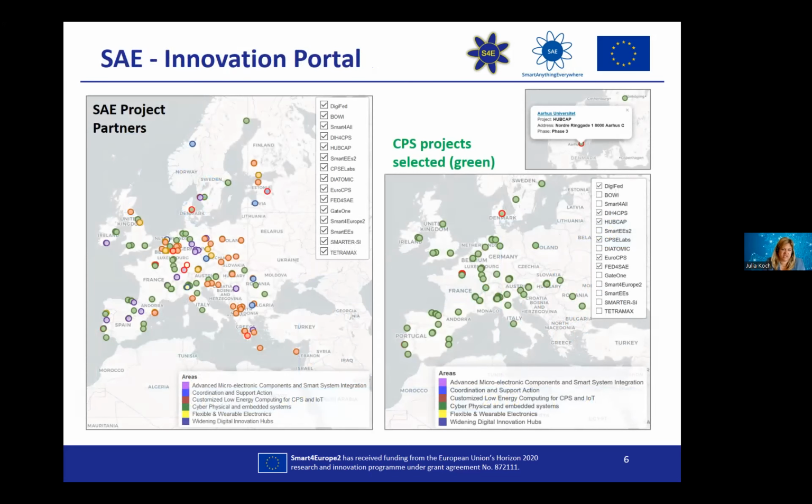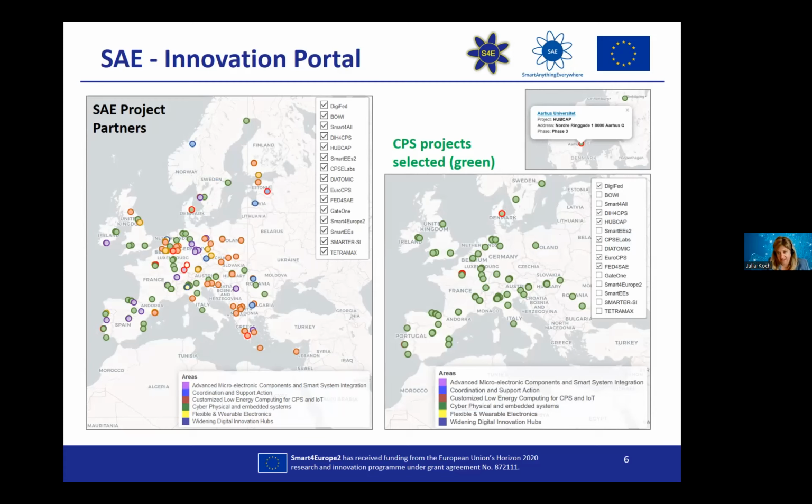So this is just a short overview of our innovation portal, so the website. And there you can have a great overview of all the SAE project partners from all projects since the beginning. So we have different color codes for the different technology areas. But you can also, for example, select by the projects or select by the areas, and then have a look where a partner is located close to you.